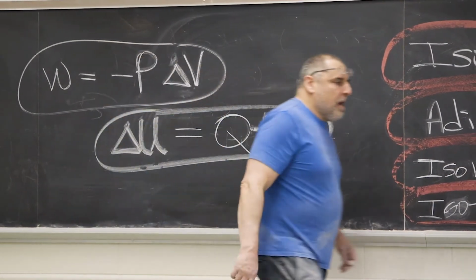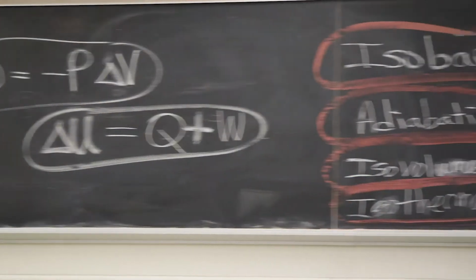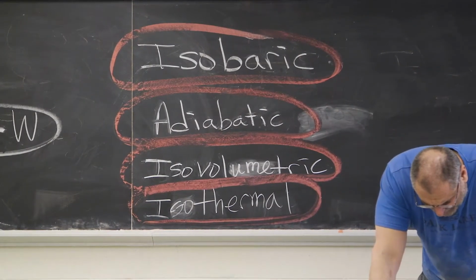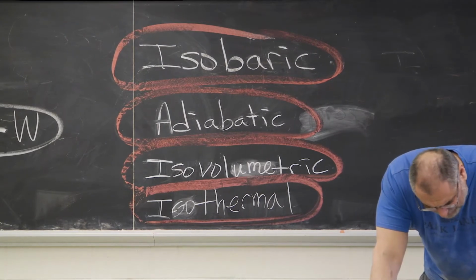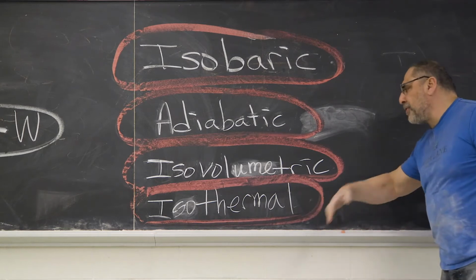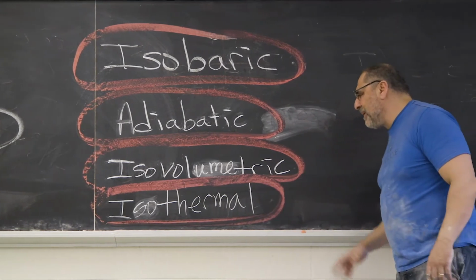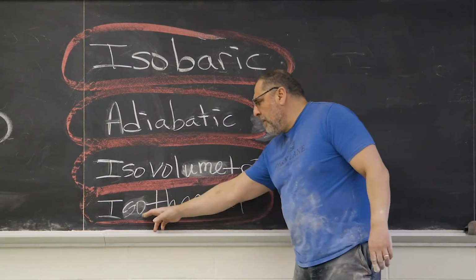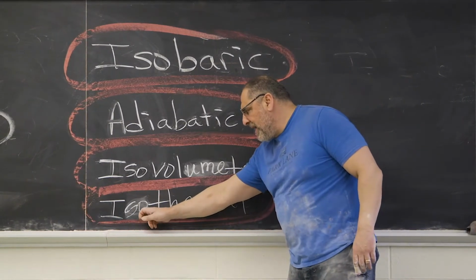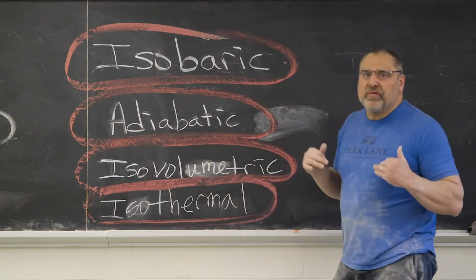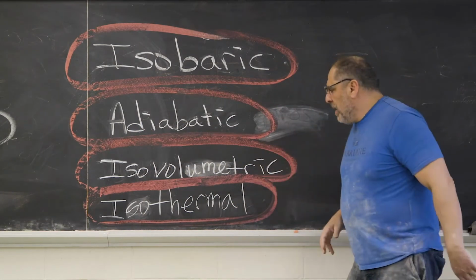Kind of interesting. An isothermal process occurs at constant temperature. Iso and thermal: thermos, temperature, can mean heat too, I guess, but it depends. I don't want to get too much of a language lesson here, guys. But when you hear the word iso, it means equal, the same level as.